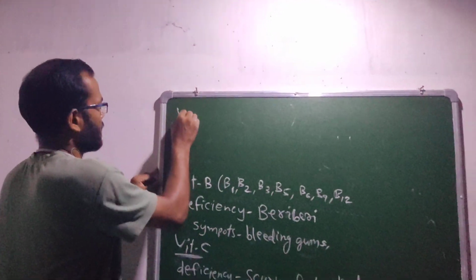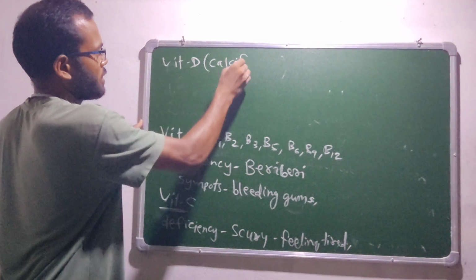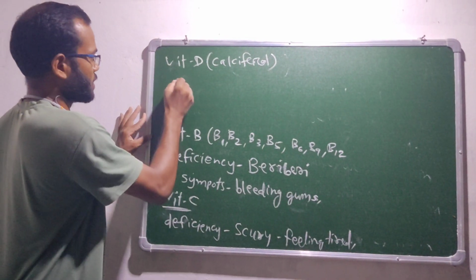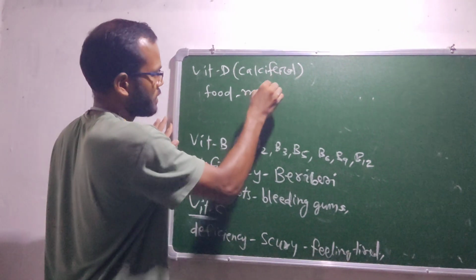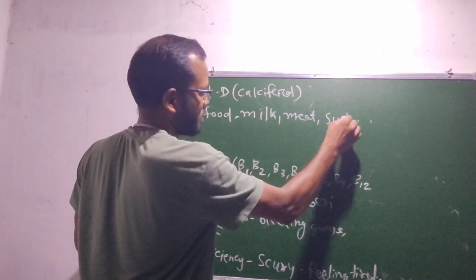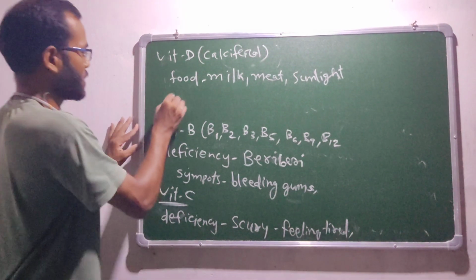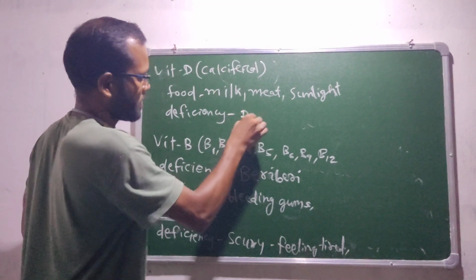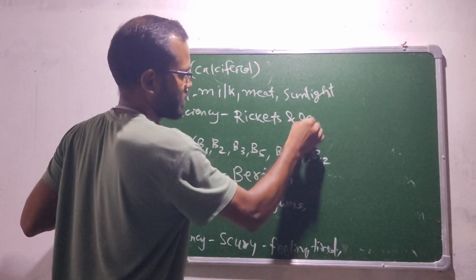Then vitamin D, which is also known as calciferol. This is the nickname of vitamin D. The food from where we get vitamin D is meat, and sunlight as well. Deficiency of this vitamin leads to rickets and osteomalacia.